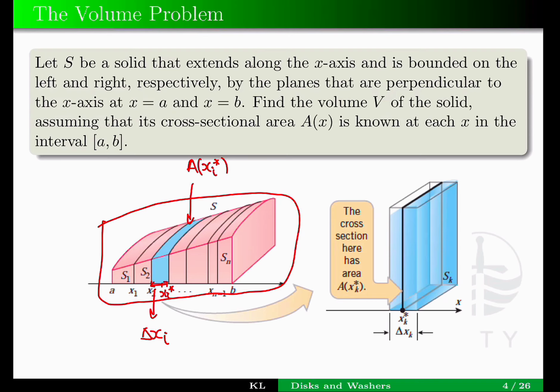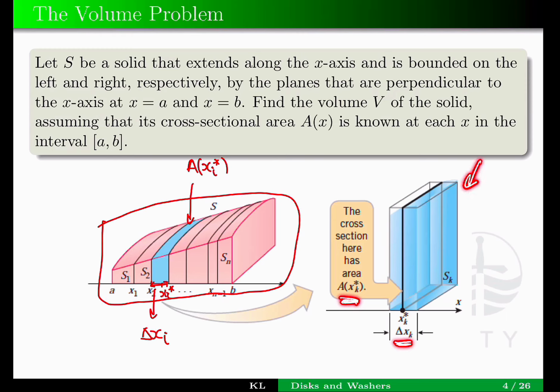So for this particular slab, we have delta x sub k, and the area of that cross-section is A of x sub k star.